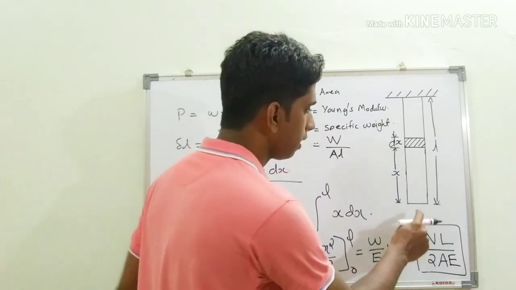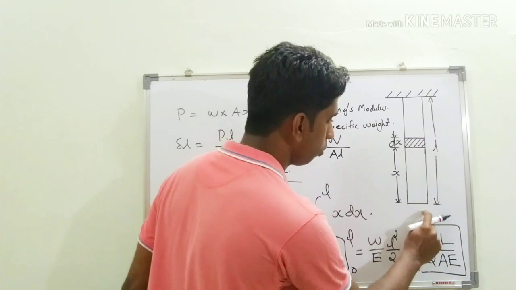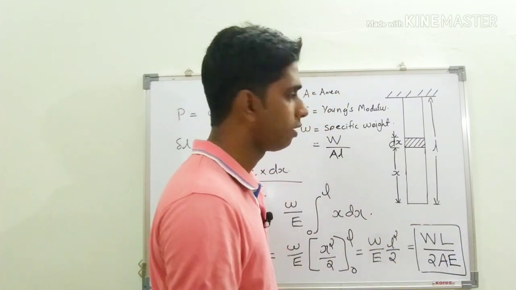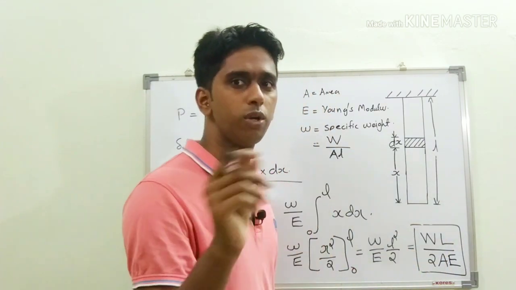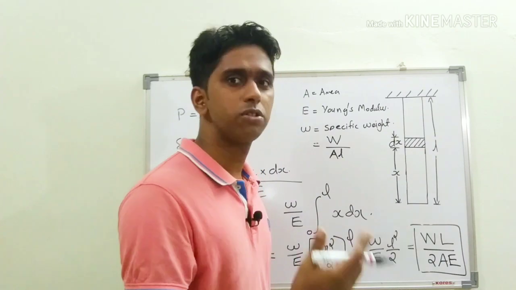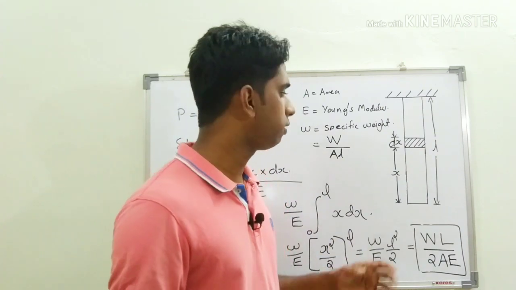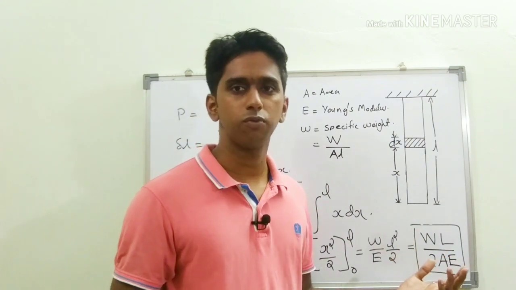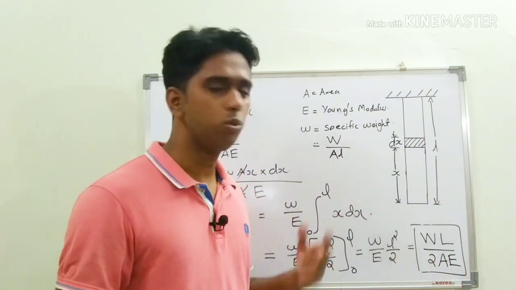If we apply a capital W load here, the deformation will be equal to WL by AE. The deformation due to self weight will be equal to half of that.